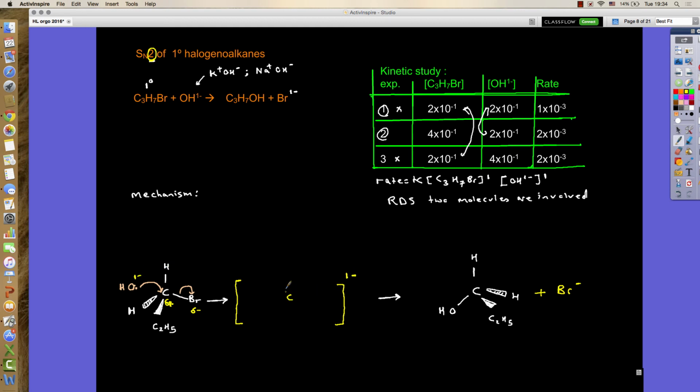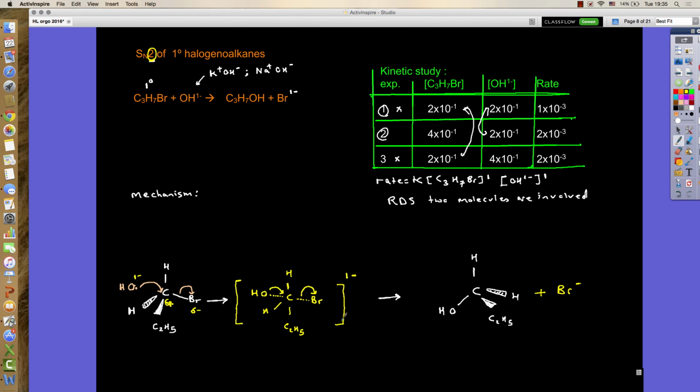Then you're going to draw your tetrahedral, the hydrogen, the C2H5 down here. Now what happens, there is a dashed line, as bromine is trying to leave. The pair of electrons is going to travel with bromine, so a curly arrow, and then hydroxide is going to take its place from the back. So this is what happened in the attack.